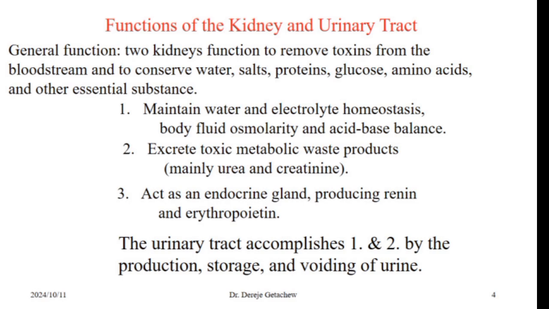It excretes toxic metabolic waste products, mainly urea and creatinine. It also acts as an endocrine gland, produces renin and erythropoietin. So the urinary tract accomplishes the first two functions by producing, storing, and voiding of urine.